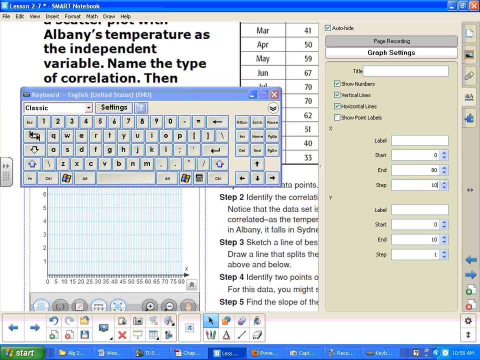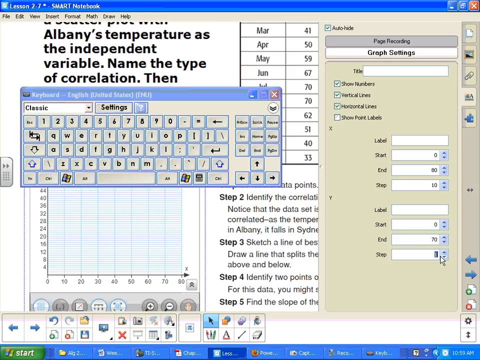And if I want to, I can change it. Should I change that and start somewhere besides 0? How many of you would rather see 0 on your graph? Okay, so we'll still start at 0 then. And for our dependent variable, we'll start at 0 there, and we only need to go to 70 on that one. And we'll go by 10s there also.